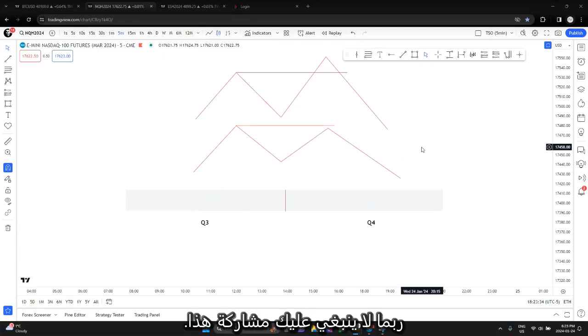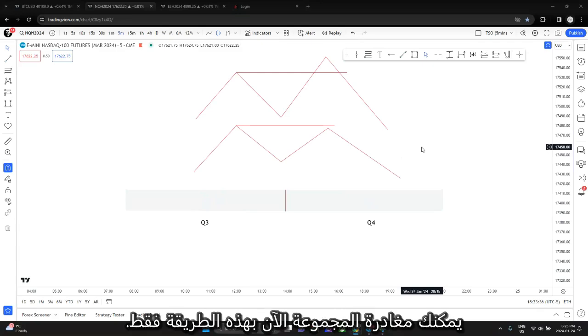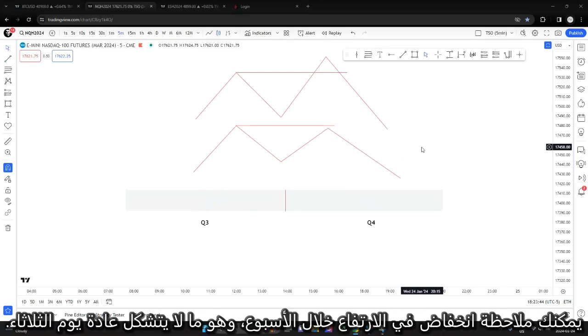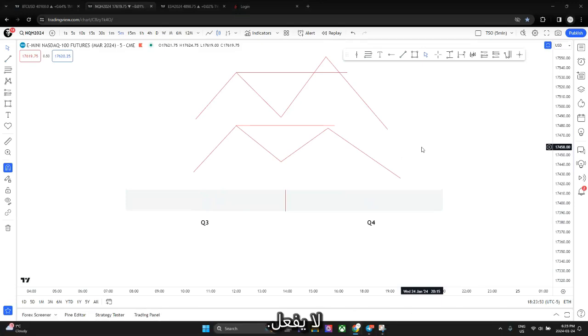You probably shouldn't share this. Like, this is actually powerful. You can leave the group now with just this alone. This is good. You can just trade one day per week. You catch the low, the high of the week, which does not usually form on Tuesday. Like, it does not.